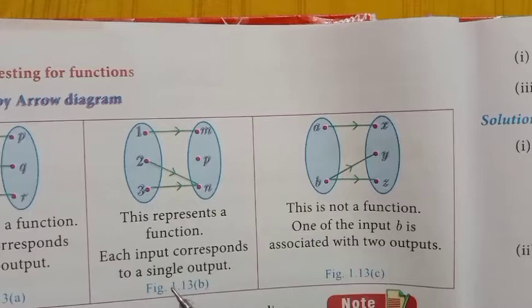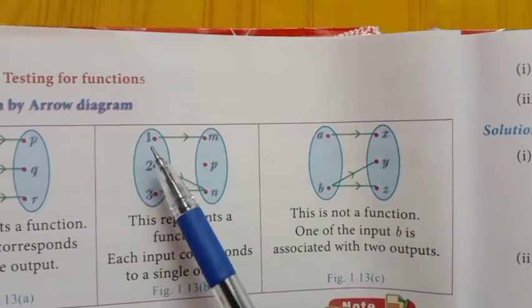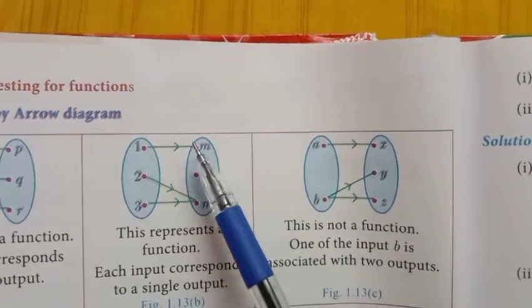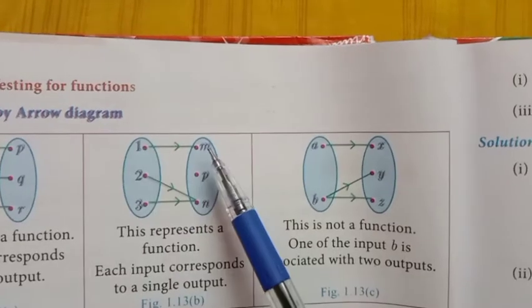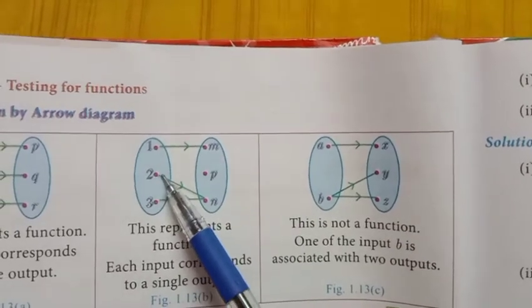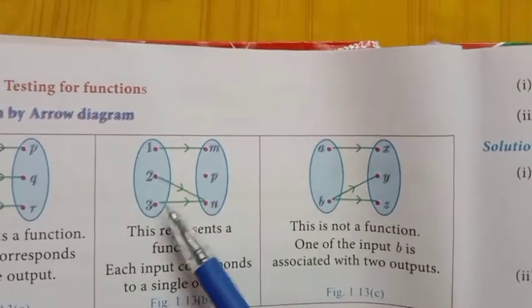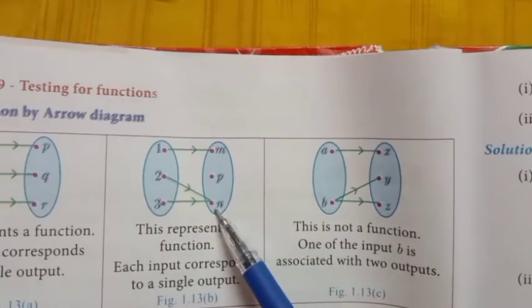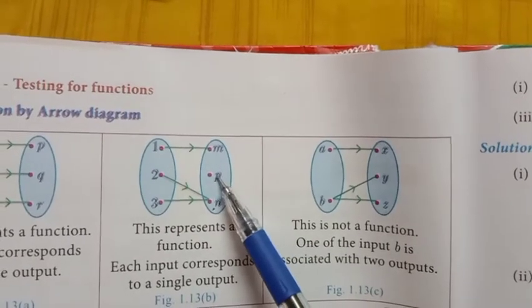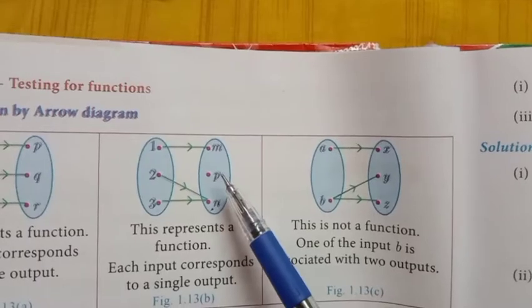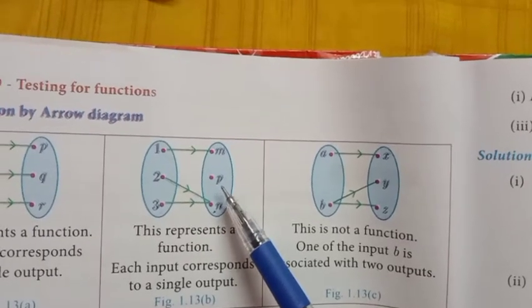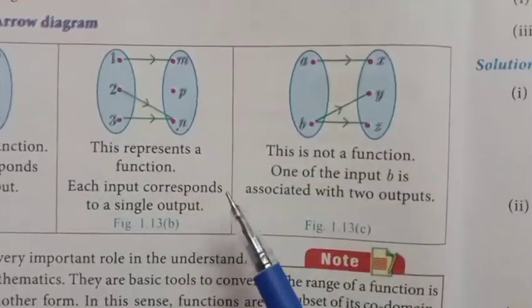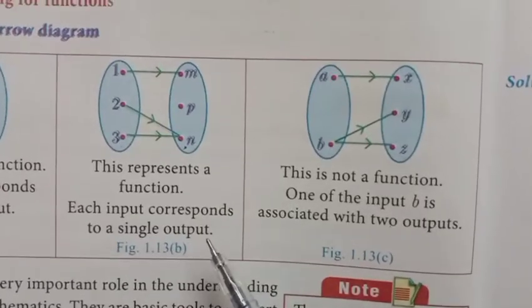Each input corresponds to a single output. Listen, for input 1, the output is M. For 2, the output is N. For 3, the output is N. P is not mapped with any element, but that is not a problem. This is also considered a function. Each input corresponds to a single output.